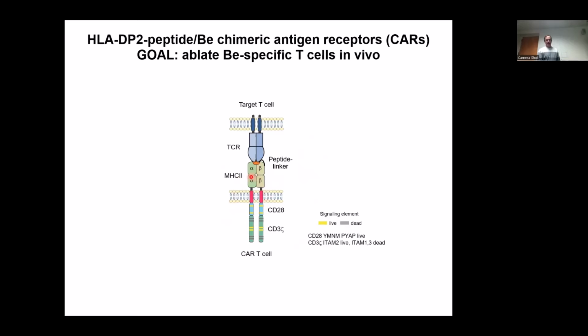It's a second generation CAR with CD28 and CD3 zeta intracellular domains, and we can use this to target those beryllium-specific T cells via their T cell receptor, and look at possibly ablating them and seeing what the effects are in the mouse model.